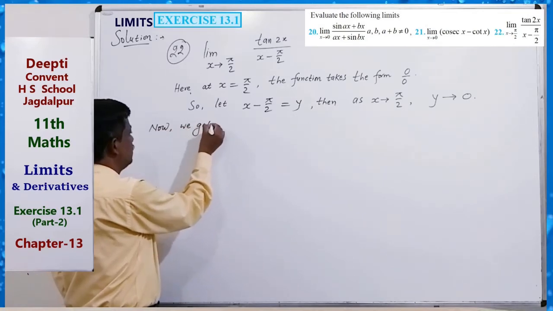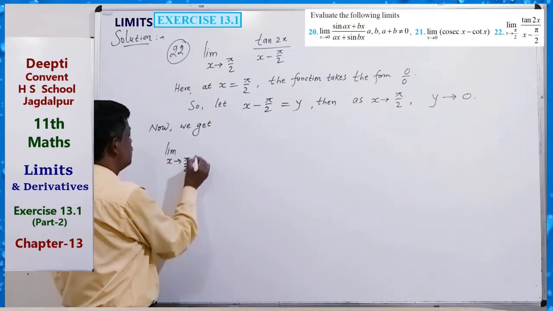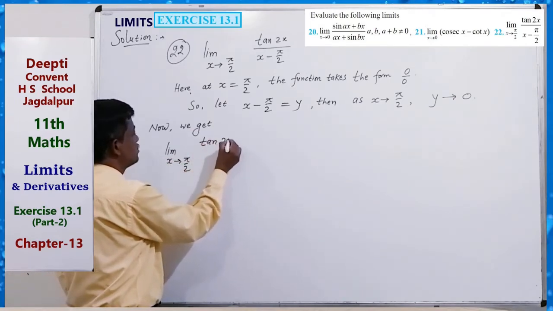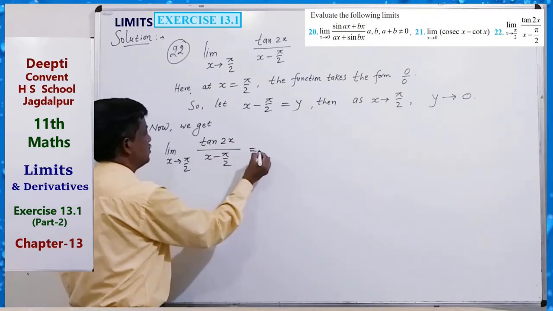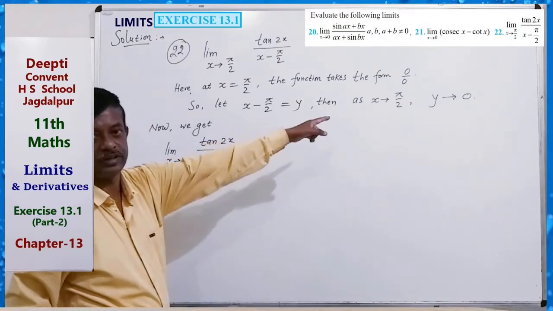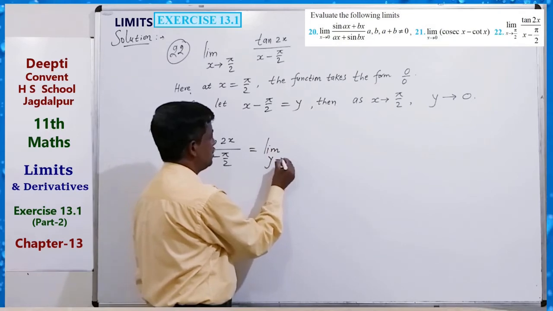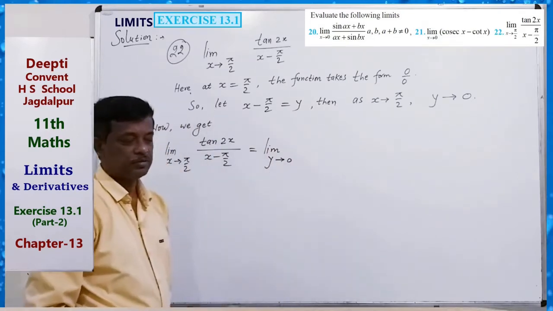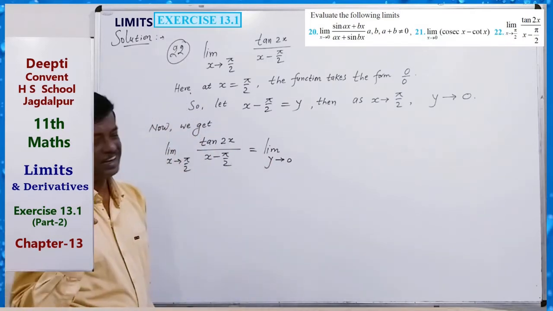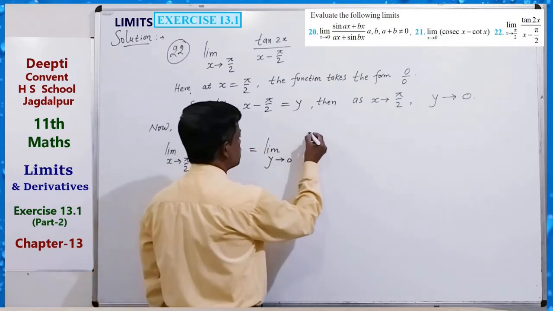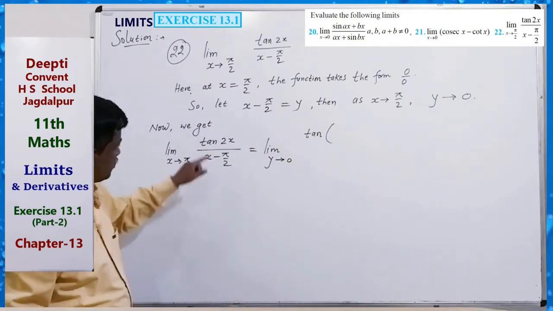You get limit x tending to pi by 2, tan x upon x minus pi by 2. After substituting, let y = x minus pi by 2, so limit y tending to 0 and tan x.